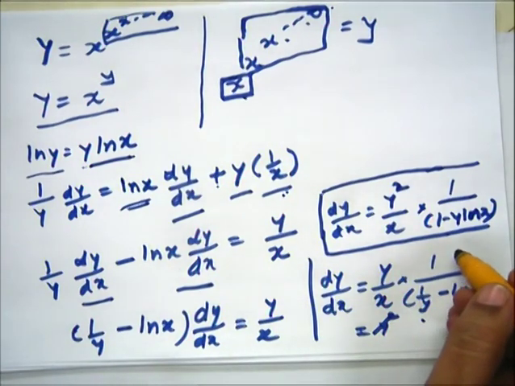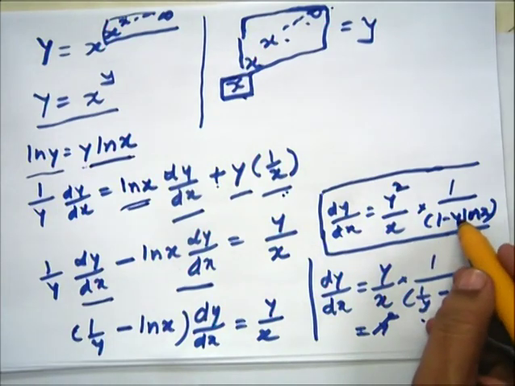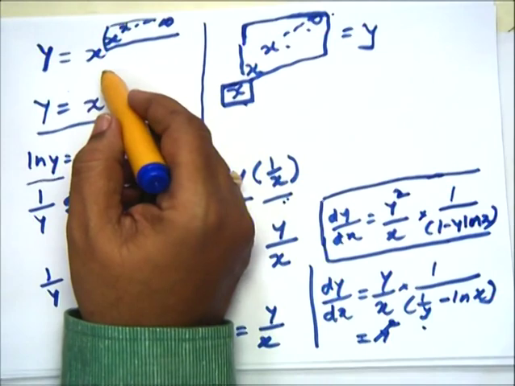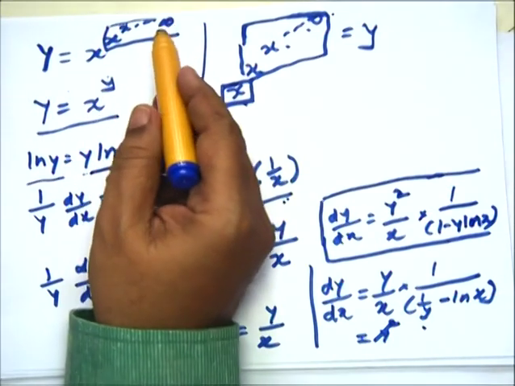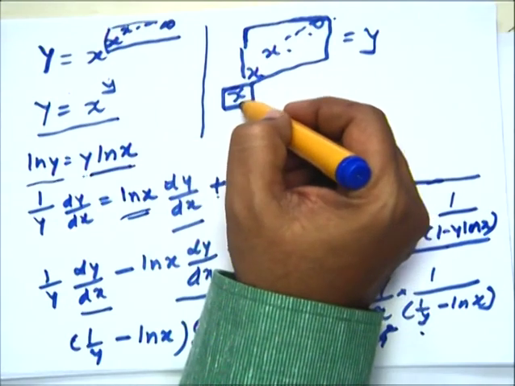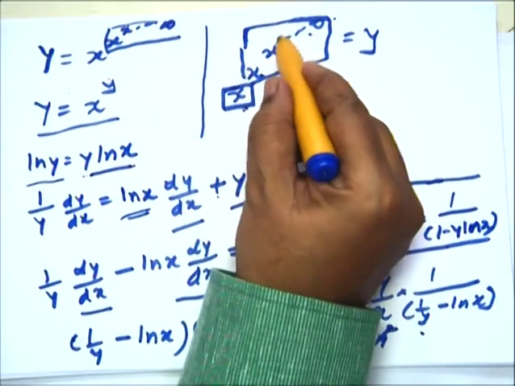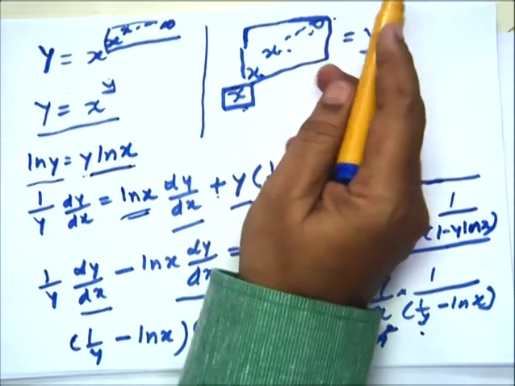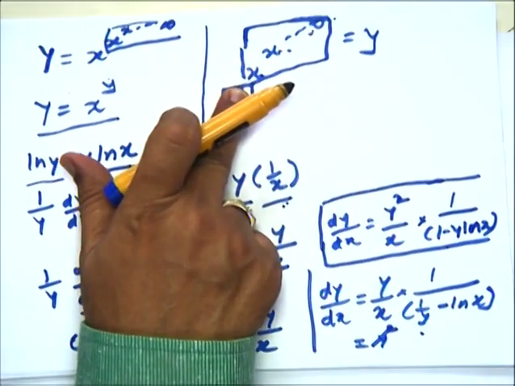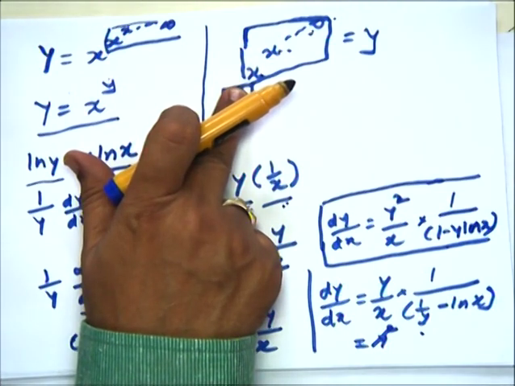we can get the derivative of this function, that is y is equal to x raised to x raised to x. Let us repeat the thing. What we have done here, the function is x raised to x raised to x raised to x raised to x infinite times. Now if I take one x out of this, what will be the remaining part?